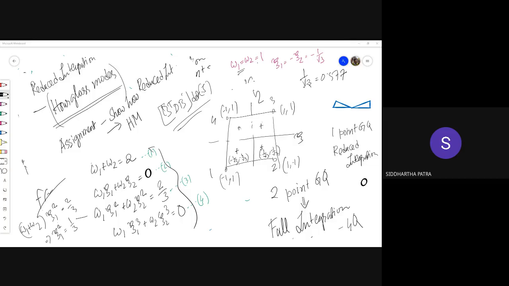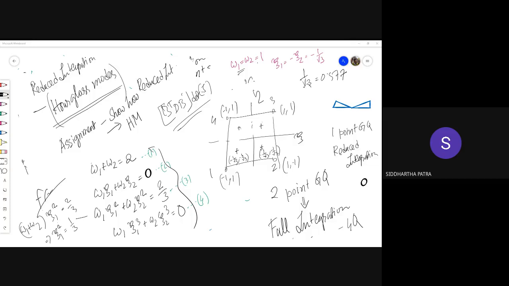Think in 3D, because the majority of the finite element method is 3D. Now imagine if you want to use 2-point Gauss quadrature in 3D. Let's say an 8 noded brick element. Then just like the 2D case, you need 2 to the power 3, total 8 integration points. So your computational job becomes 8 times higher.